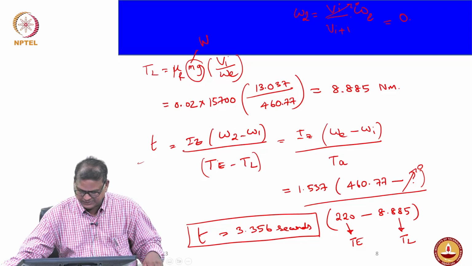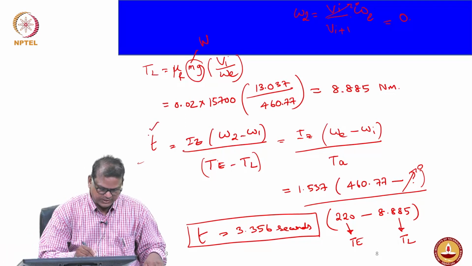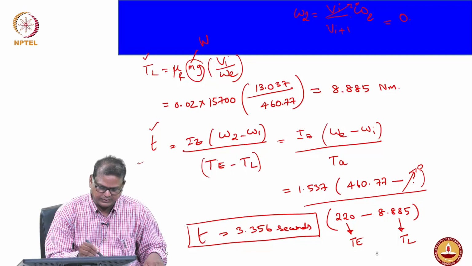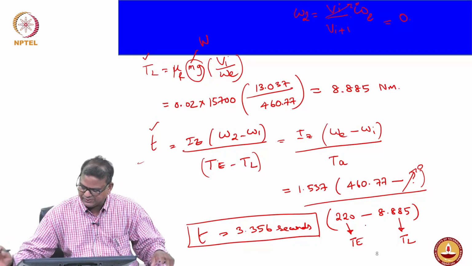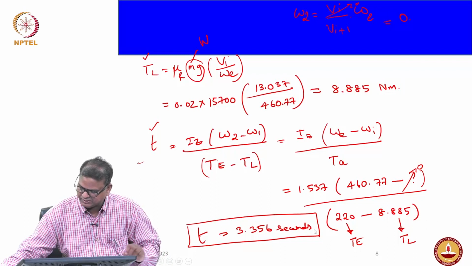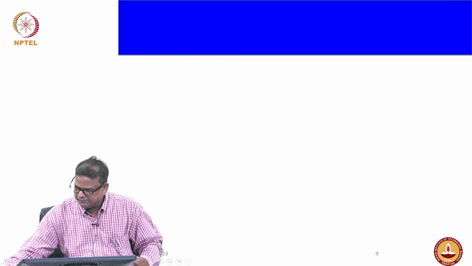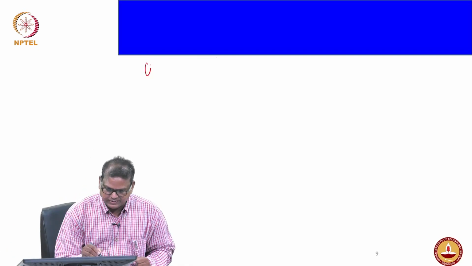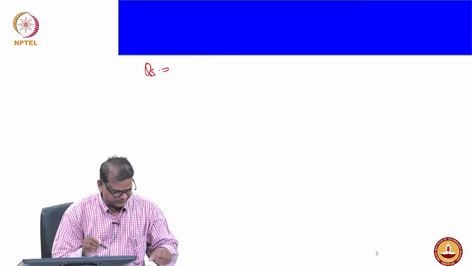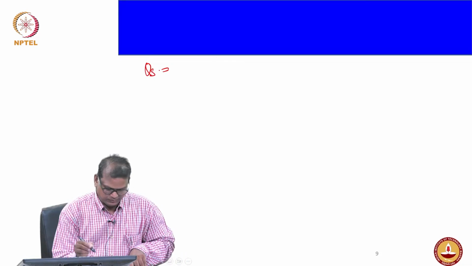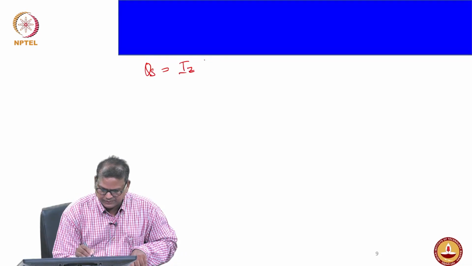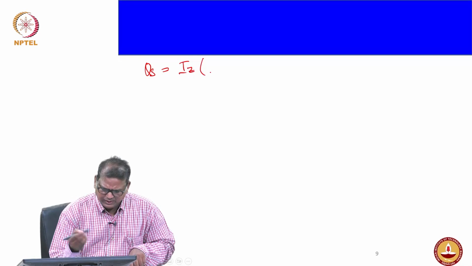Now this is done. We have done the time aspect, we have got the load torque also, and we know the acceleration torque when subtracting the load torque from the engine torque. Finally, we need to find out how much heat is generated with respect to the first gear. Heat generated. So again the moment of inertia, I alpha squared kind of thing.